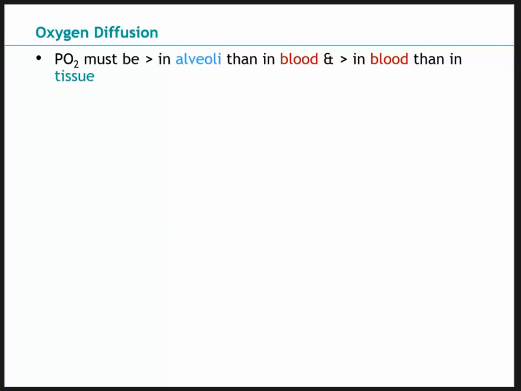So let's start at the partial pressure in the atmosphere. We have 159.1 millimeters of mercury. Remember, we said that total atmospheric pressure is 760 millimeters of mercury, but atmospheric air is made up of 3 gases. It's made up of oxygen, nitrogen, and carbon dioxide. So we're just talking about oxygen on this slide here.